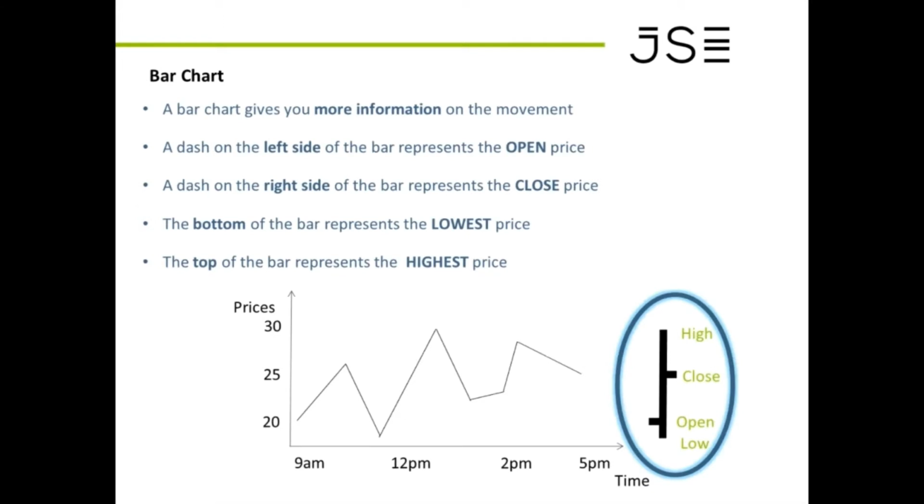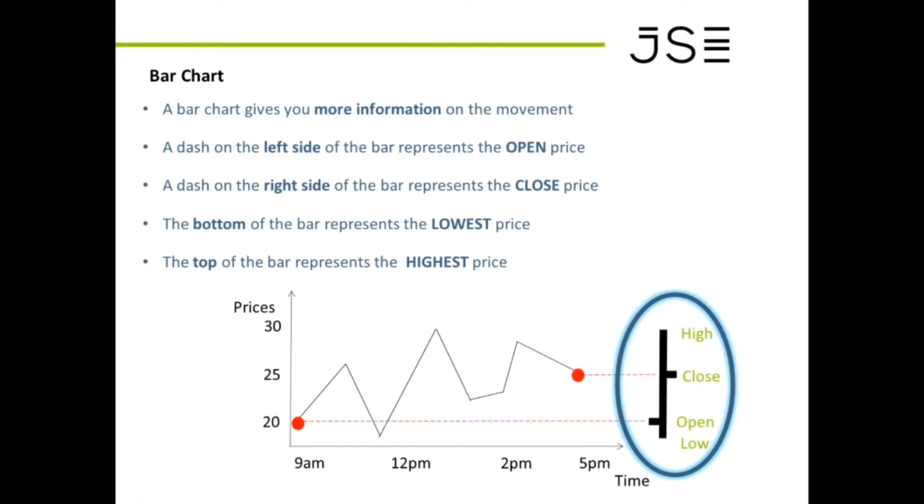Now, if you look at a bar chart, the line chart's the easiest to use, the most common to use, but the bar chart gives you more information on the movement. So a dash on the left-hand side of the bar represents the opening price. You can see that on the opening at 9 a.m., there's the opening price, and there's a dash on the left-hand side. The dash on the right-hand side shows you the closing price for the day.